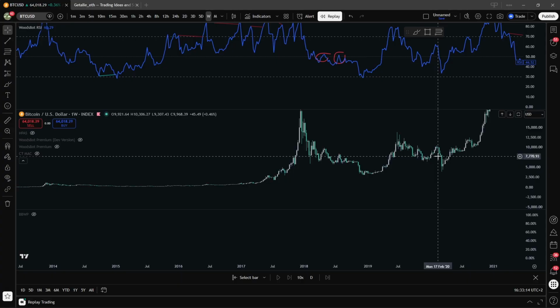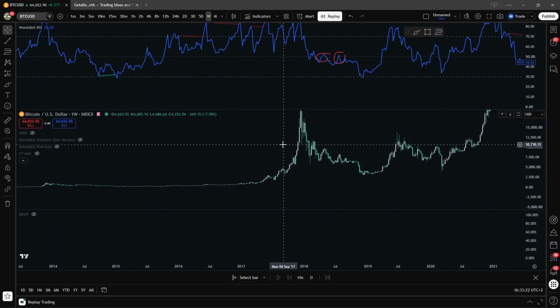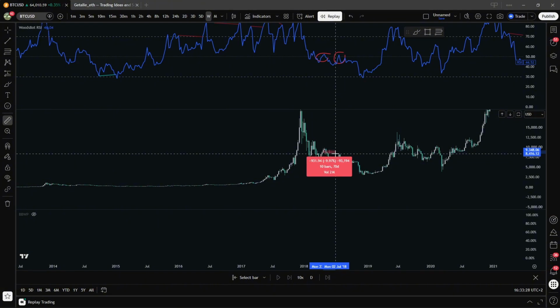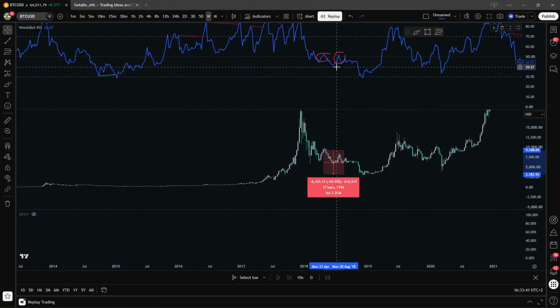When the RSI indicator is accepting below the 50 mark, on the higher time frame especially, it's becoming more and more bearish. And we can see what happens afterwards, right? So price action in general is bearish, but also the RSI is not managing to go back above the 50 mark, and we can see price action is dumping 64% afterwards, after the RSI accepted below the 50 mark.